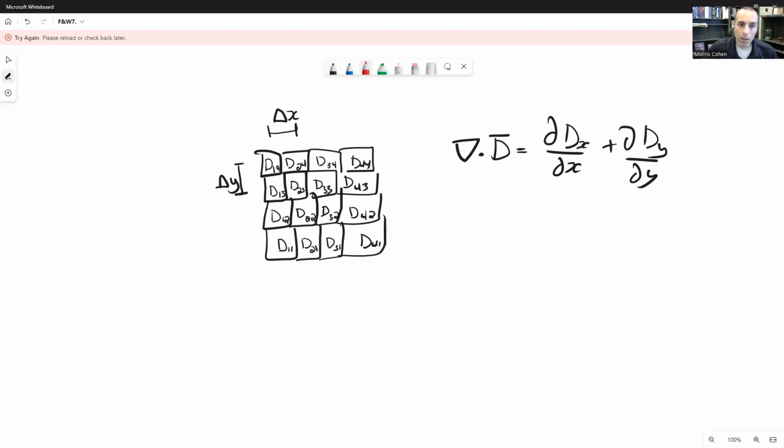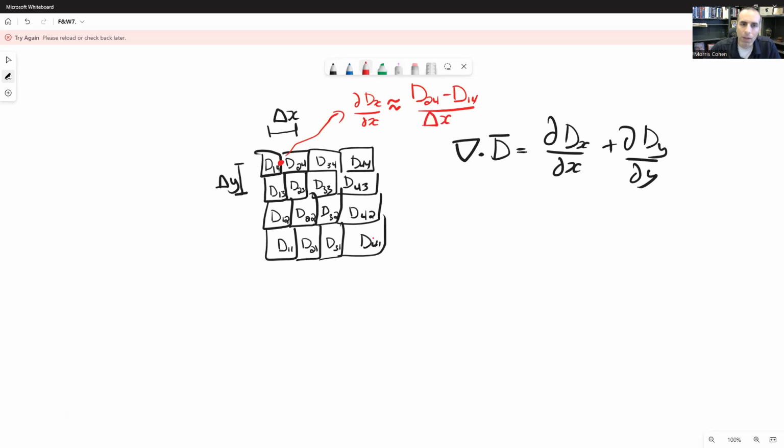I'm going to draw a red dot right here because we can approximate dDx/dx right here. We can say that the derivative of Dx with respect to x is approximately equal to D24 minus D14 divided by delta x, right?